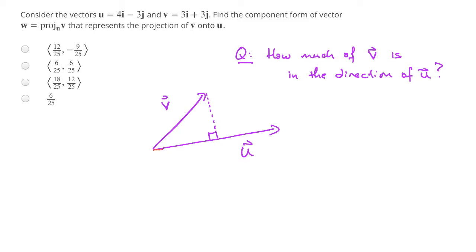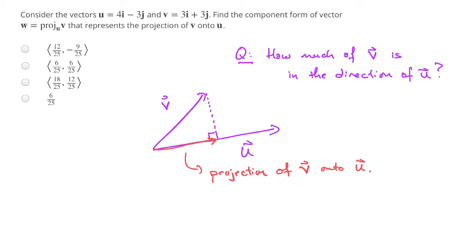So if I were tracing this out, I would have another vector equal to that length in the same direction as u. What is that vector? That vector is called the projection of v onto u.